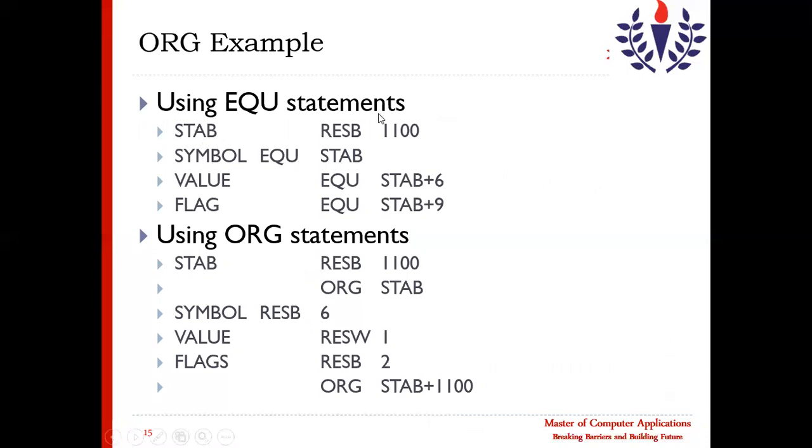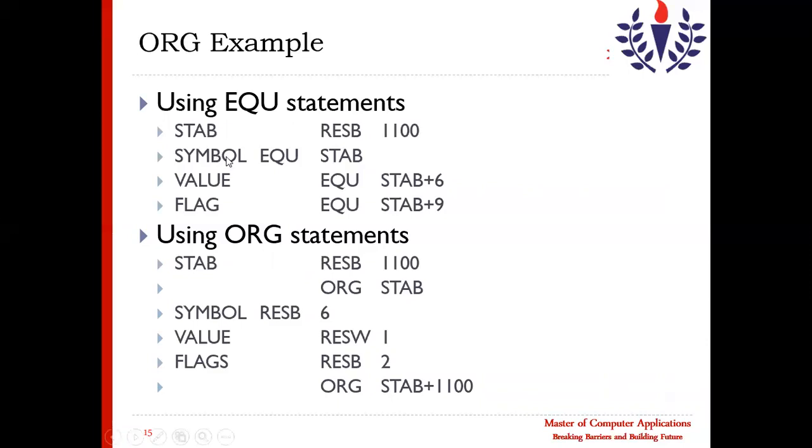Whatever address is given to stab, the first symbol will be stored at that address, and then the second symbol, that is value, will be equal to stab plus 6 bytes, meaning after 6 bytes our value will get started.